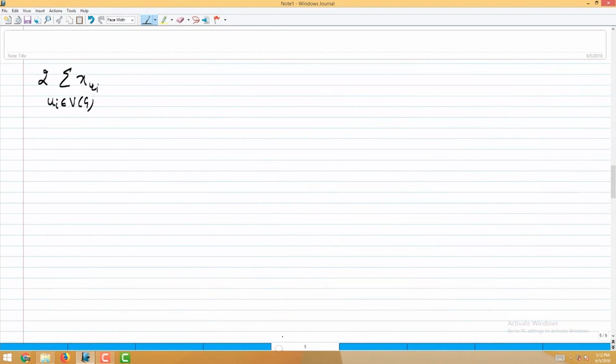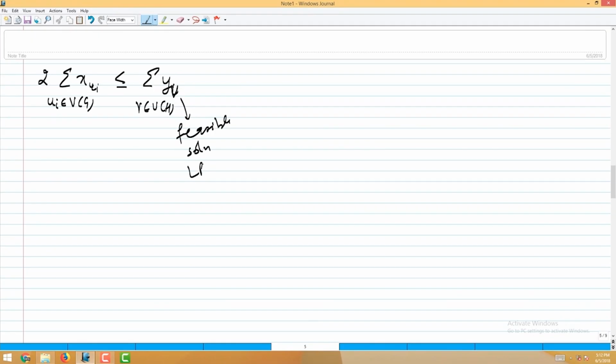So let's see what we have. I'll just write this down, and we are just one step away from the proof. So what we have is 2 times the sum of x_ui, where x_ui is the assignment that we have proposed, for which we want to prove a certain thing. What we have is that this is at most the sum of y of v for every vertex v in V_H.